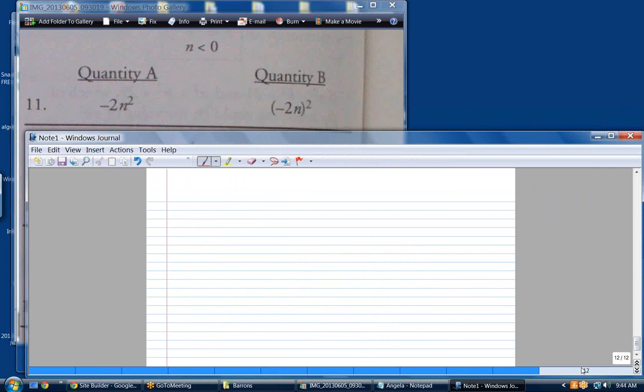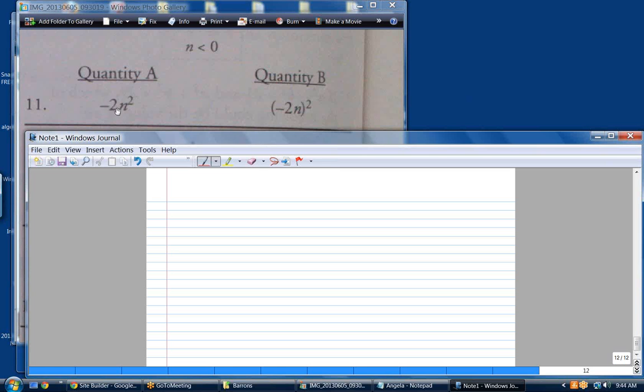N is less than 0. I'm going to say they'd be equal. Notice that the exponent on the left side does not apply to this negative sign.